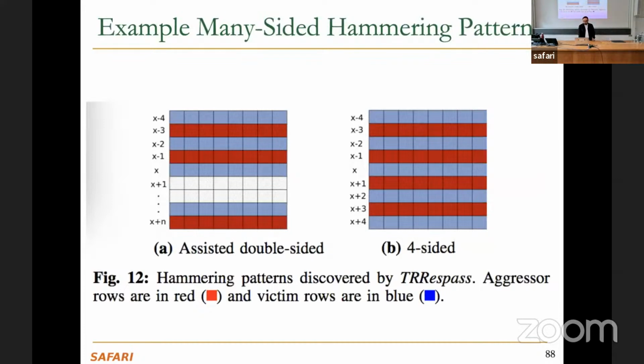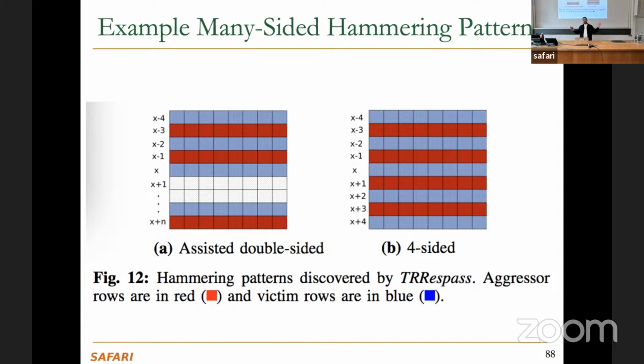So here I can just talk about this four-sided probably. This is a cartoonish picture of how your DRAM array looks like. These red rows are aggressor rows, and the blue rows are your victim rows. You allocate your rows in this way that it alternates between aggressors and victims.